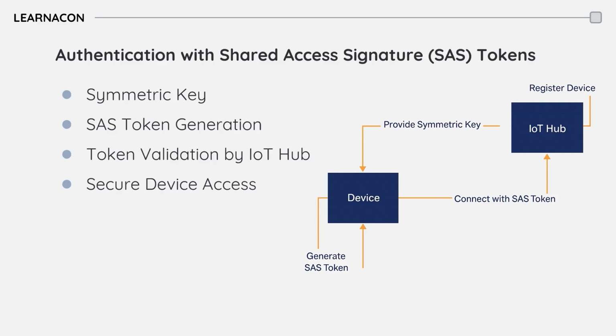This setup offers the benefit of easy deployment. However, the downside is that if a device is compromised, an attacker could continue generating SAS tokens using the stored symmetric key until the device is disabled or the keys are rotated.